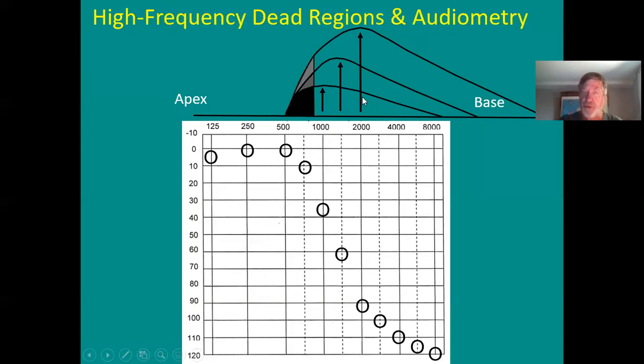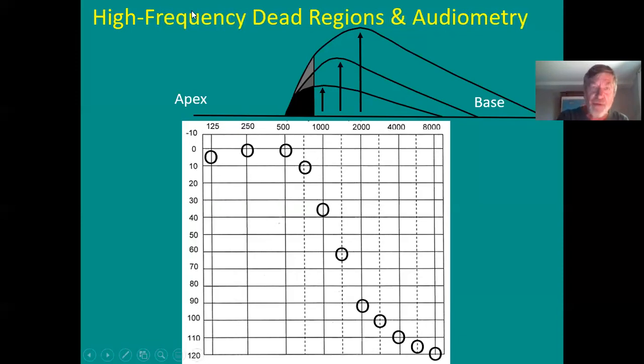If I go further into the heart of a Texas Saturday night, further into the dead region, I've really got to crank up the volume so that the front of the wave still stimulates these living mid-frequency hair cells. Do you see what I mean? That's why the losses drop dramatically in the highs. More with what you'd think would happen, but it's because of the shape of the traveling waves.